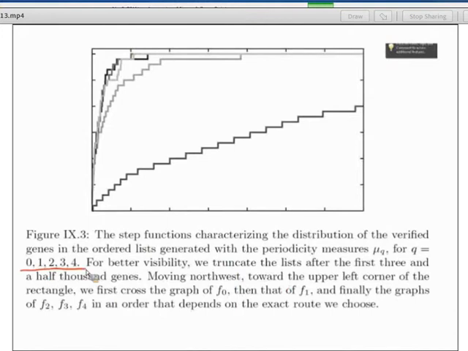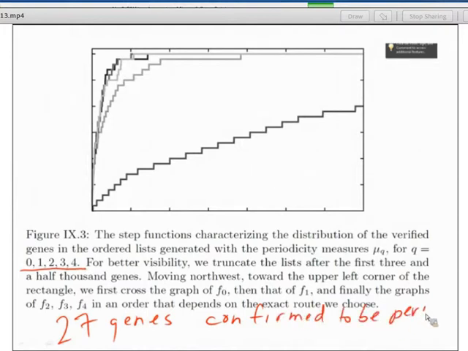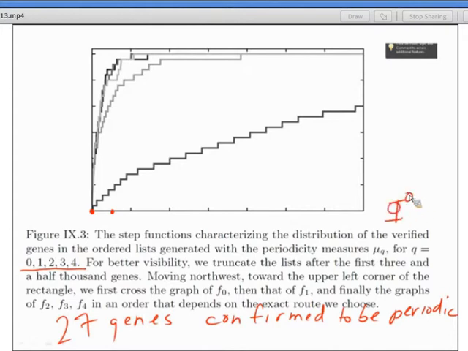What this is doing is, up here, there are 27 genes that have been confirmed to be periodic. If we now take a look at the one that looks most like it's period 2, basically what we're doing is looking at increasing phi q.